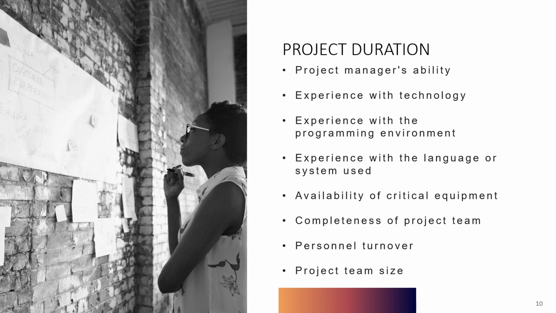And this is a reason why it's really important to pick the right project manager for the job. So with a complex IT project like Industry 4.0, you want to pick somebody who is experienced.